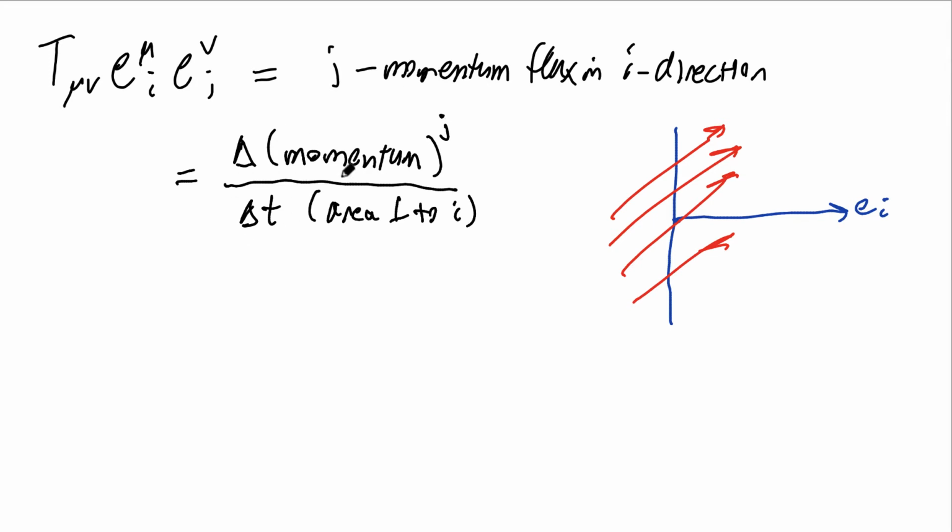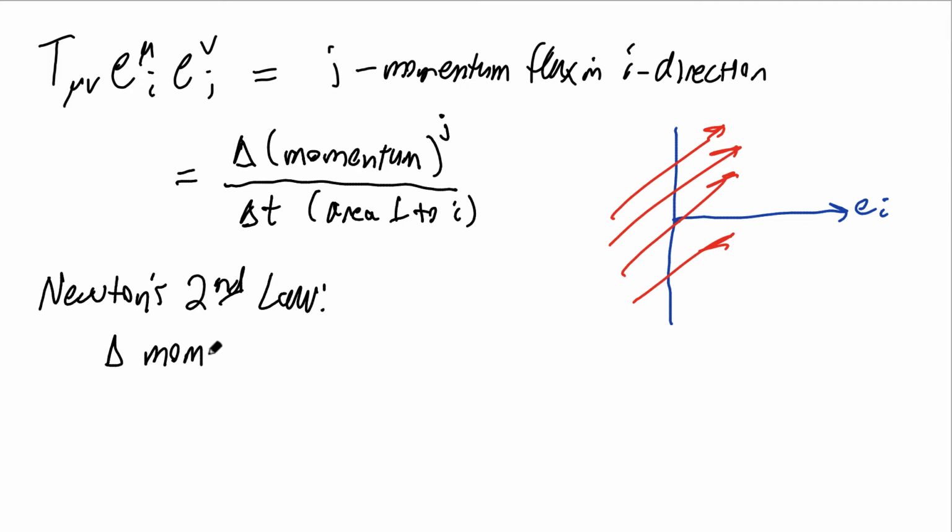Now, from Newton's second law, we know that the change in momentum over the change in time is just the force. So the change in momentum over the time interval is the force, or in this case the jth component of the force that the left side exerts on the right side.